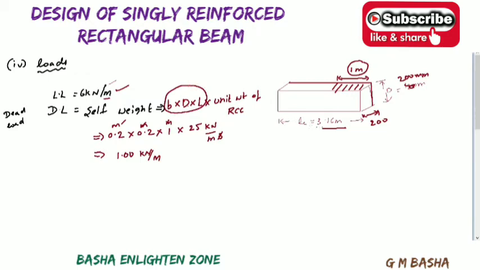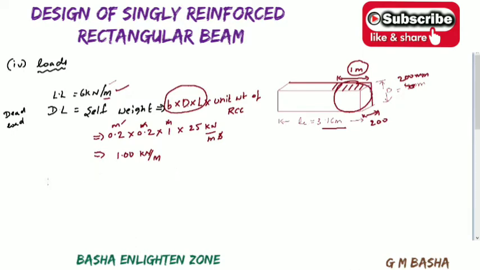The overall length of the beam is 3.16 meters, but the unit weight of RCC is given per meter cube, lengthwise, breadthwise and depthwise. Therefore we have to calculate the self weight in meters only, considering width, depth and 1 meter span lengthwise. So the overall self weight will be equal to 1 kilonewton per meter.